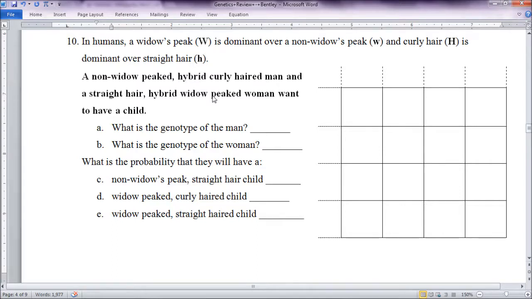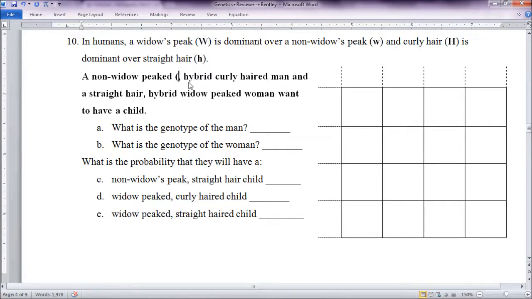In humans, a widow's peak, capital W, is dominant over non-widow's peak, little w, and curly hair is dominant to straight hair, at least according to this question. So a non-widow's peak, okay, let's type it in, just to be sure, always write it in, it's easy.